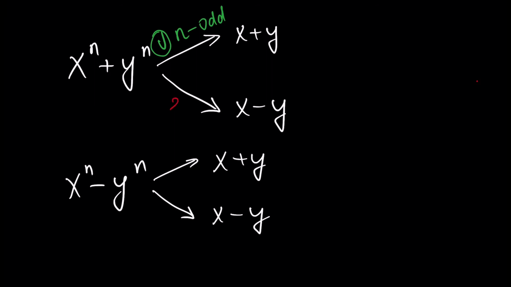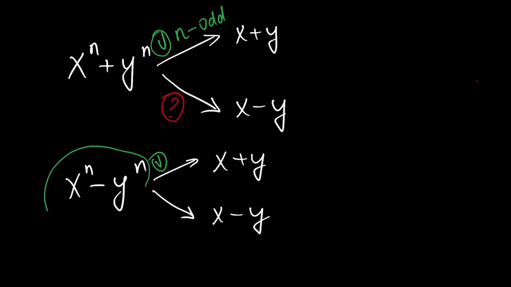Here we didn't have divisibility, and we can prove it using Bezout's theorem. Next, case number 3, we have here also divisibility.